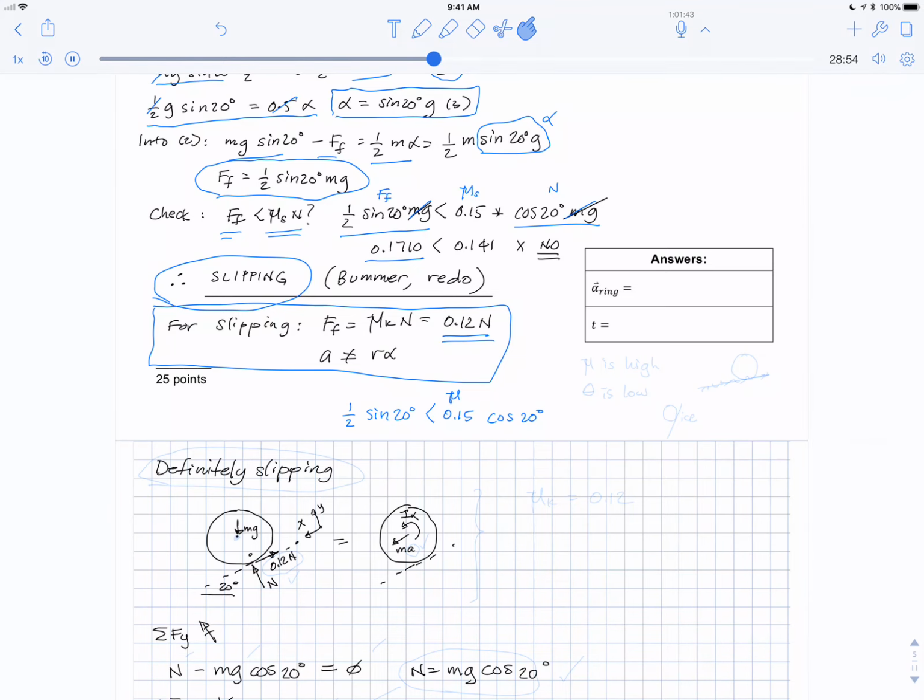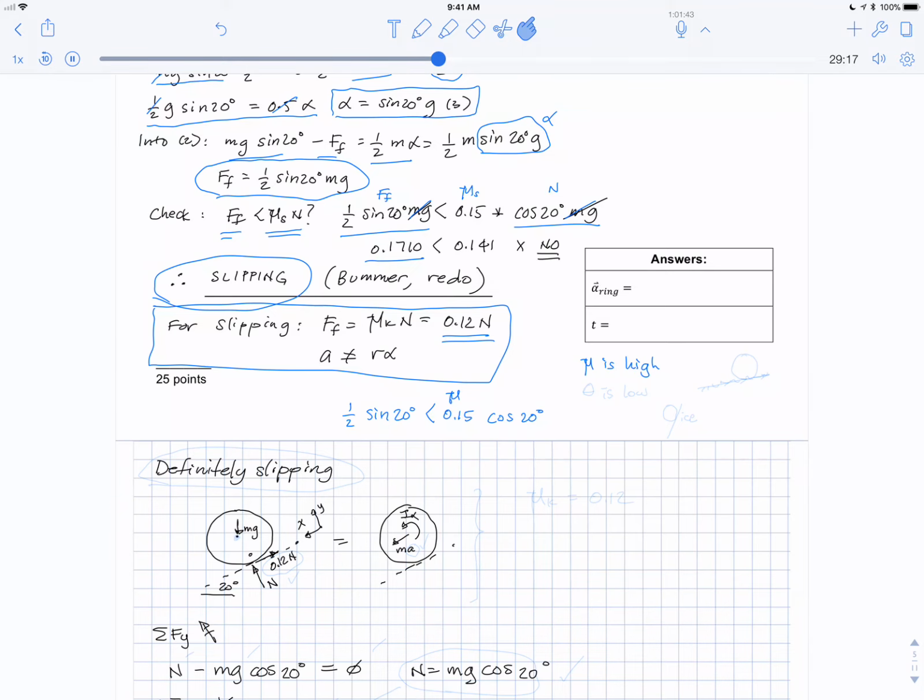And so I'm thinking, what makes the right-hand side big and the left-hand side small? So if the coefficient of friction is high, the right-hand side is big. Also, what angle makes the cosine big and the sine small? Well, small angles, for example, 0.